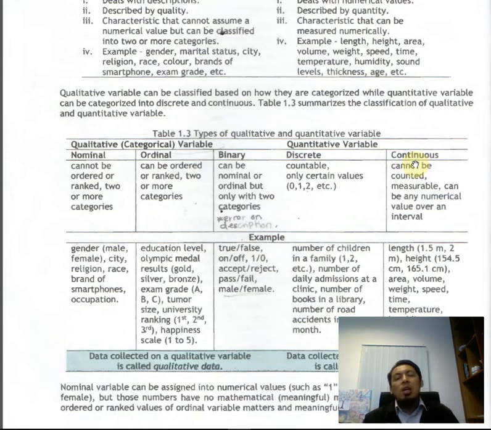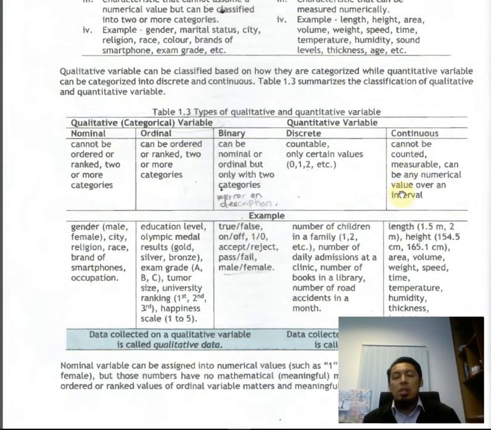So basically it is almost infinite, right? So that is why it can't really be counted, it can be measured. Okay, so that is the difference between discrete and continuous. One has no decimal and the other one has decimal.